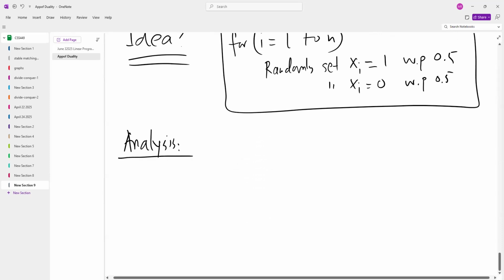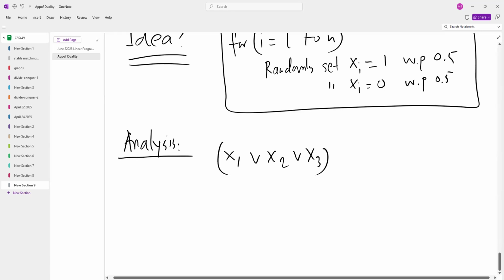So the analysis is: what do we know about every clause? If your clause is like x1 or x2 or x3, for this to be false you need all of it to be false.